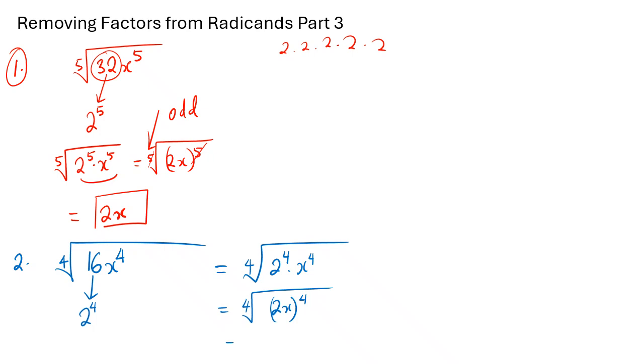And now notice that the nth root here is even. Whenever it's even, your final answer should be 2x with absolute value, okay? That's how you would do it. So please take note. You can see the difference.